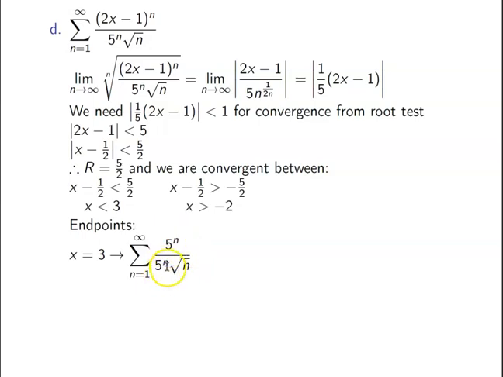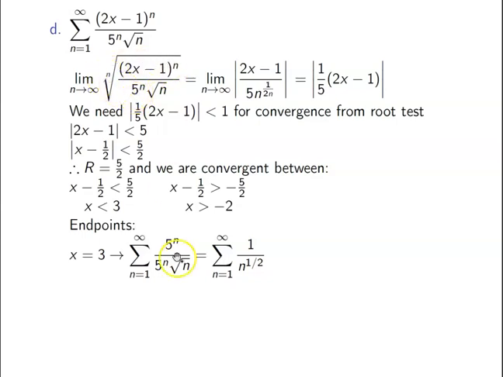Again, the root test looks like the thing to do. I'll get something very similar to what I'm getting here, except that I don't have to worry about this 2x minus 1. This 2x minus 1 will basically just be replaced with 5. So actually applying the root test, we're going to get the same thing. I pretty much just jumped, because this will be 5 to the n over 5n.